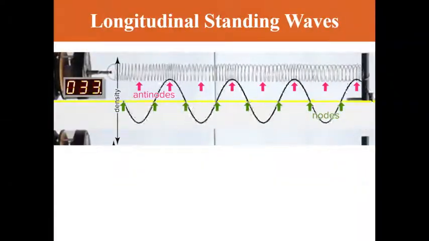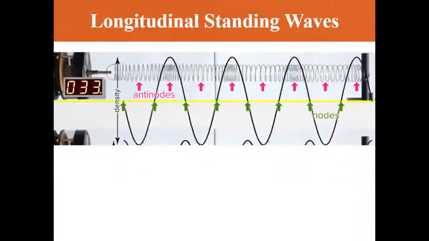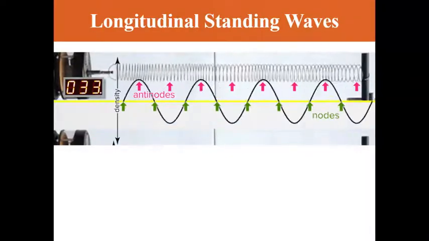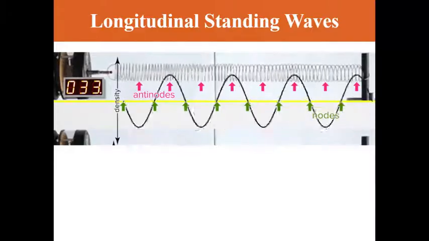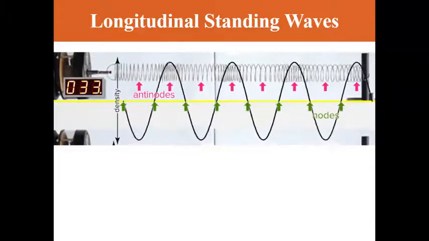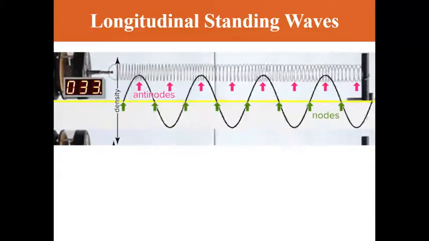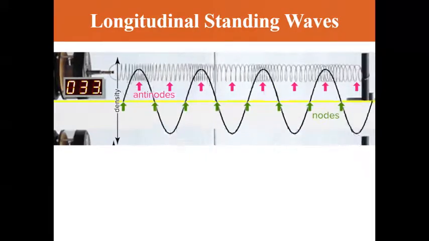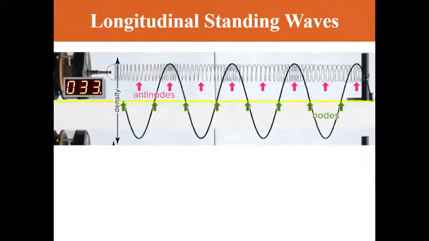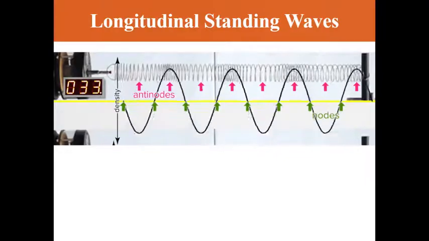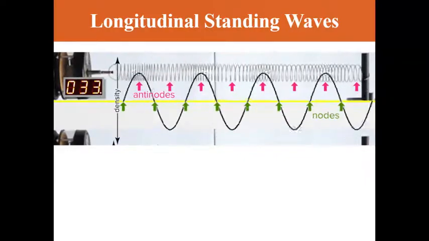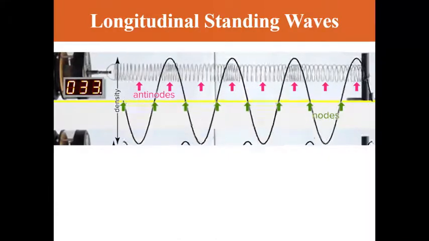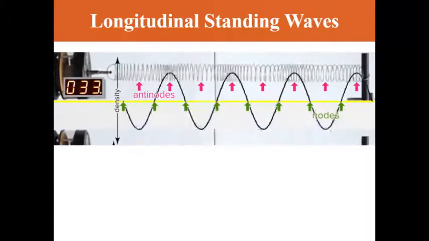So if we were to show this where the pressure density is graphed on a vertical axis as a function of the position through the string, then we know that there are these pressure nodes, points where the pressure is constant, it doesn't change throughout the whole cycle.